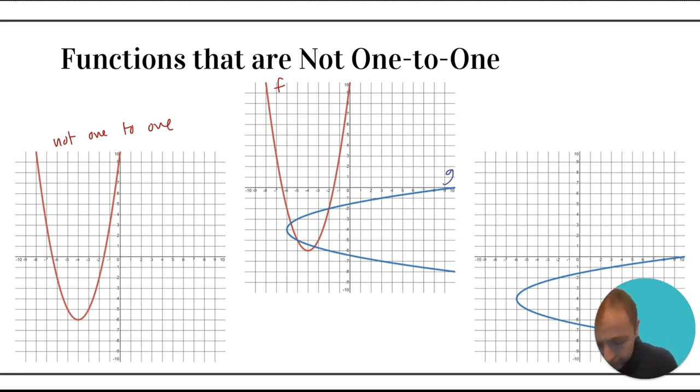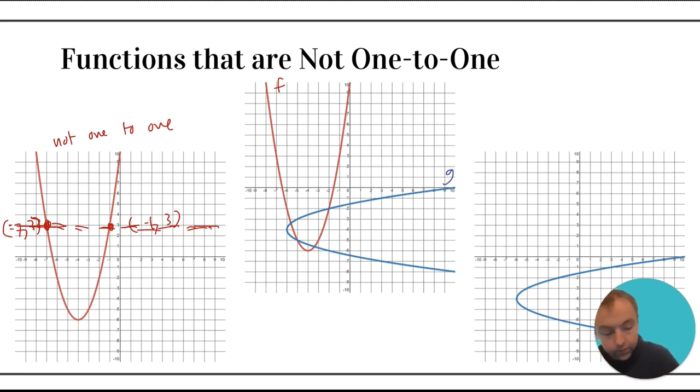The reason is that right here are two different points where the y values are 3, but the x values are different, negative 7 as well as negative 1. So it can't be one-to-one. Ultimately, when you look horizontally, you've got a horizontal line that crosses the graph at multiple points, which means you have the same y values but different x's. So it can't be one-to-one.